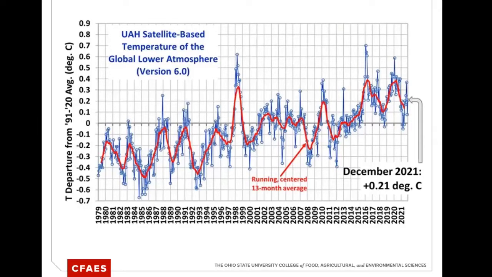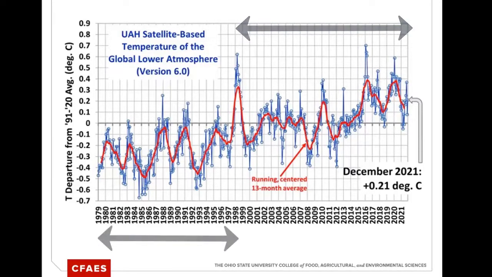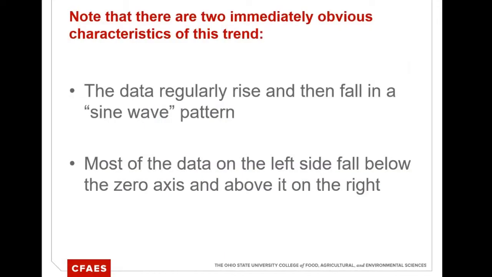If you look toward the right, not all, but the vast majority of the data is above the axis. To the left, in the early days, it was almost all below. That's an upward trend.